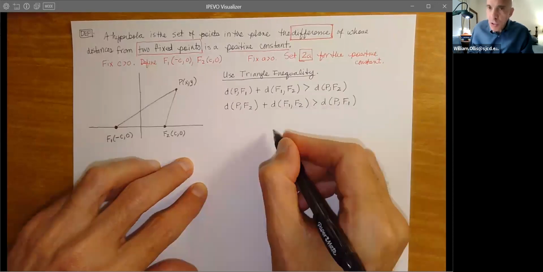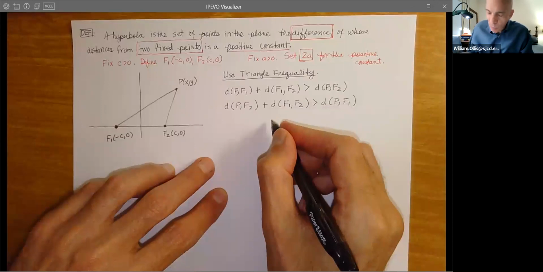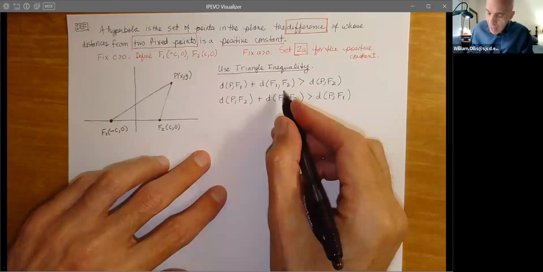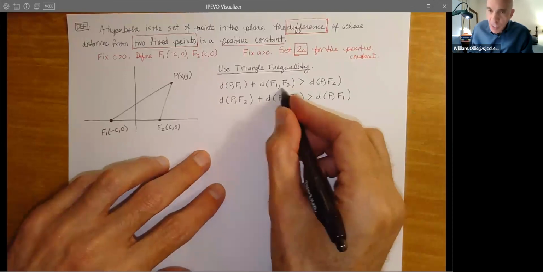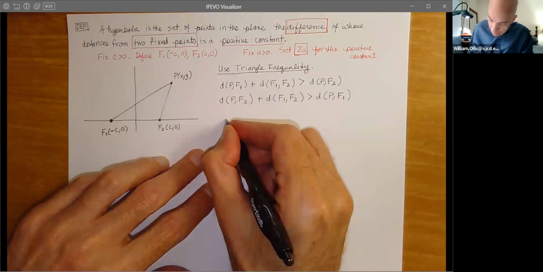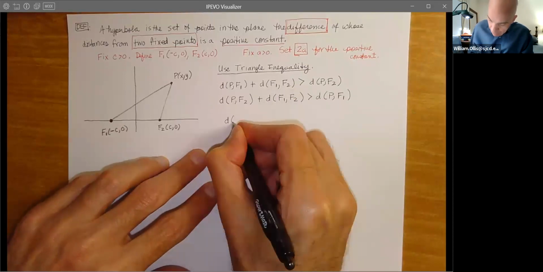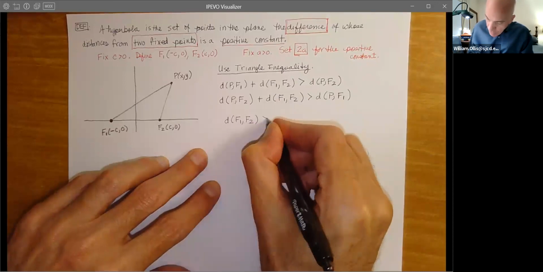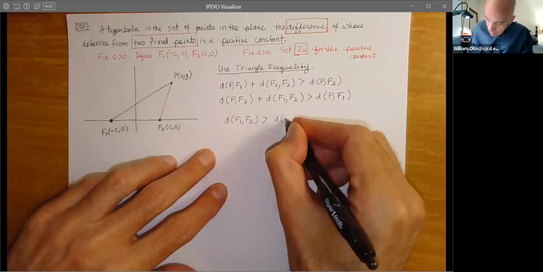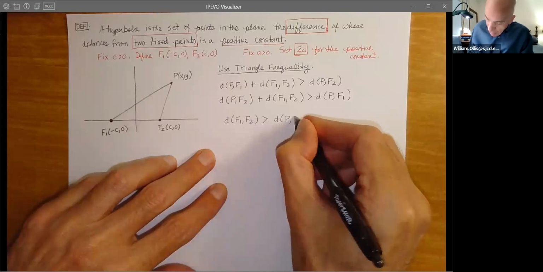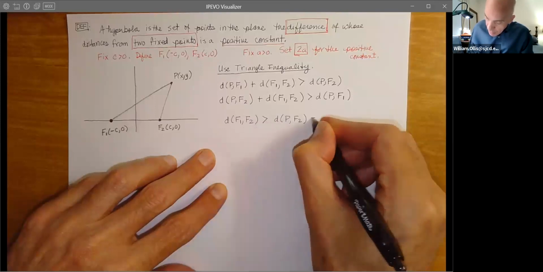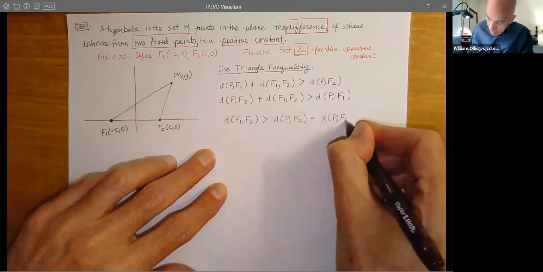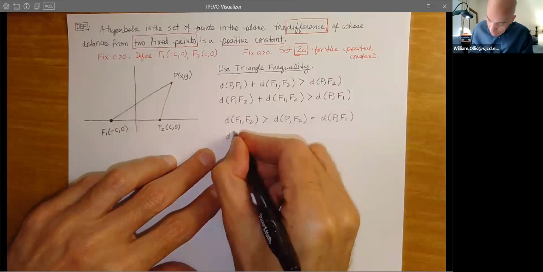So those are just two simple equations there, and you're thinking, well, okay, so that's pretty clear. So what I want to do now is just isolate the distance between the two foci. And so we'll have distance P F2 minus distance P F1. And do the same for the second one.